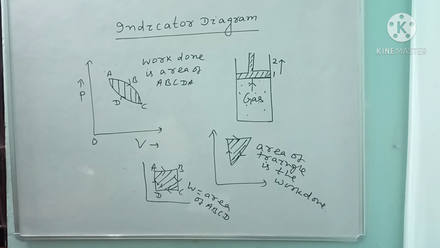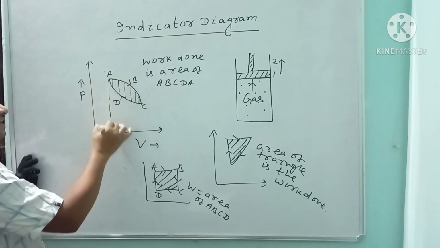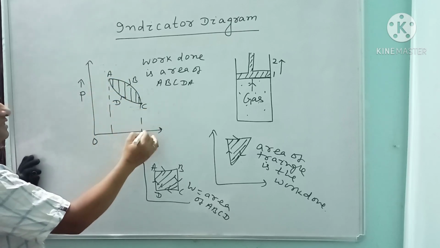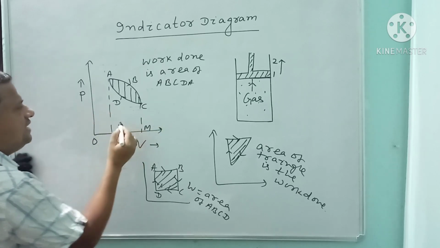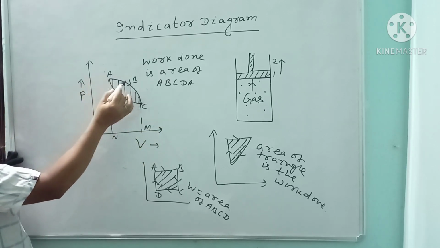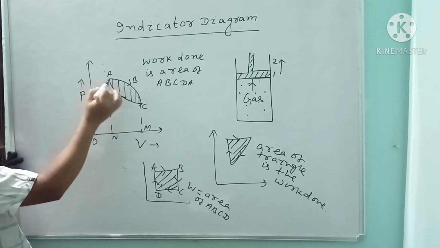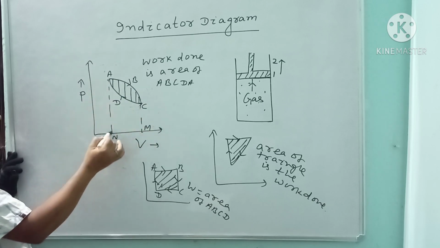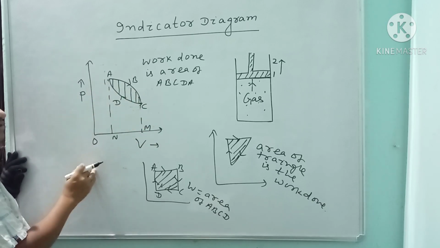Actually students, how is it obtained? One says, sir, how is this obtained? Suppose in this case you take like that. Suppose this is M, this is N. So first you take the area of A, B, C, M, N, A. This one, this area. Next, what you have to do?